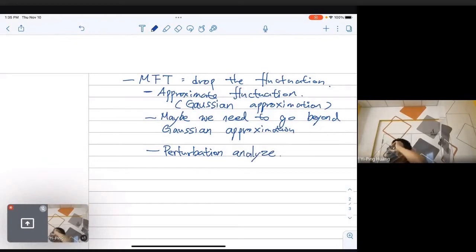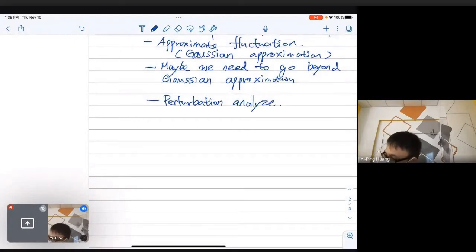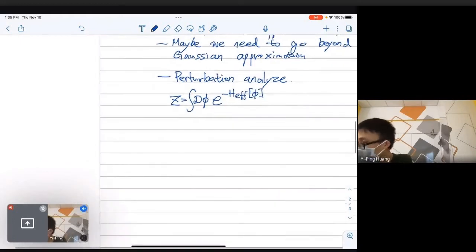Then we spent some time formulating our theory using dimensionless parameters, such that the partition function is essentially the functional integral of some dimensionless order parameter field with the effective Hamiltonian, which is a functional of the order parameter field phi.